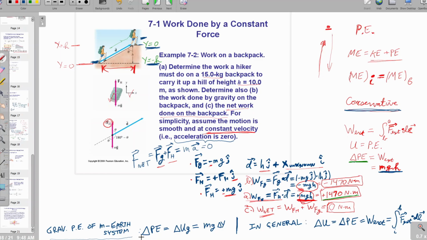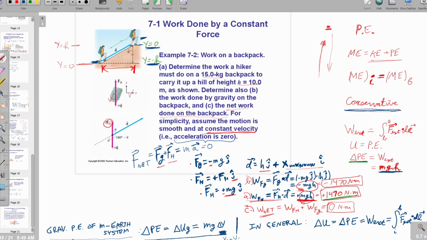So then the gravitational potential energy of some mass m near the Earth is defined in this way, and the change in potential energy between 2 points is going to be m times g times that change in y between the final point and the initial point, y final minus y initial.